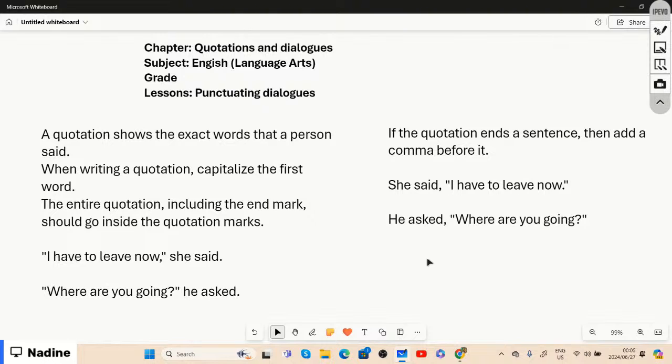The subject is English Language Arts, grade 4. And the lesson that we are going to be focusing on is punctuating dialogues.